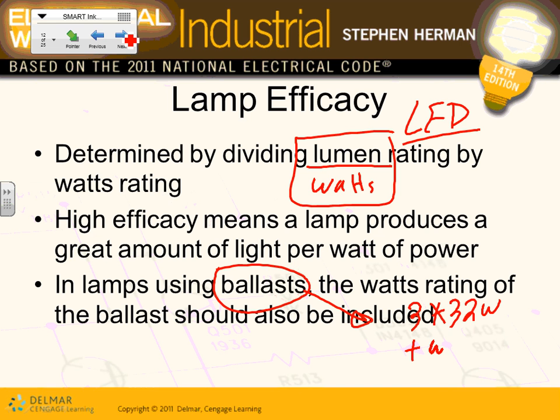You need to add the watts of the ballast, right? Electronic or electromagnetic ballasts have losses in them. So typically you add another 5 to 10% on this number to accommodate for electronic or electromagnetic ballast.